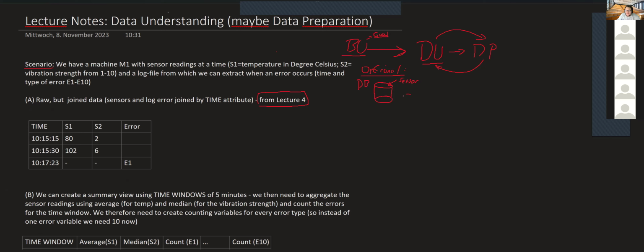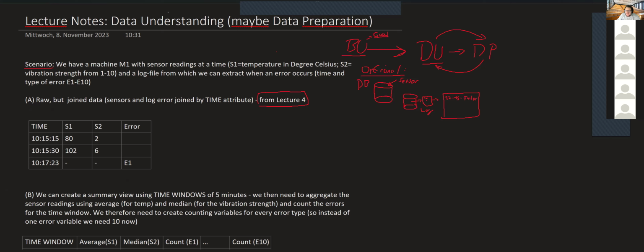And then we have another kind of database where we have documents, semi-structured documents called log files. In the log file, at some point we have a time, for example 12:15, and then there is a failure.